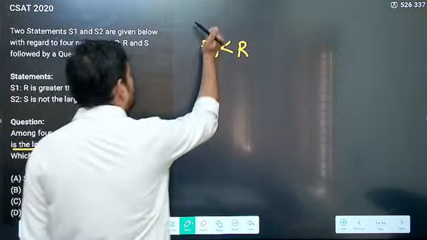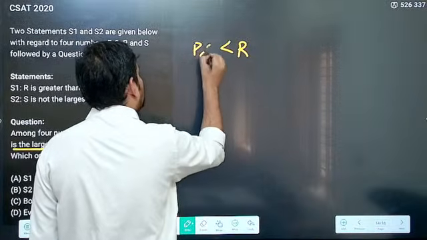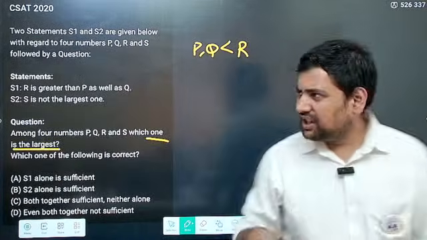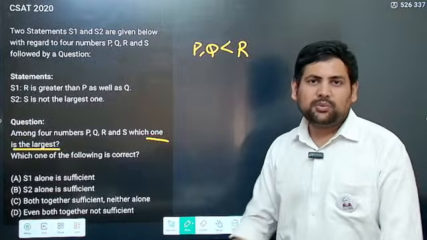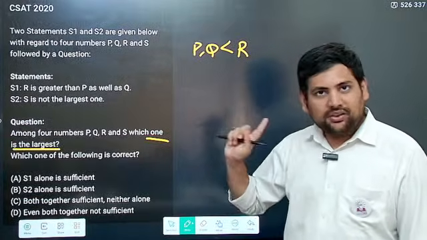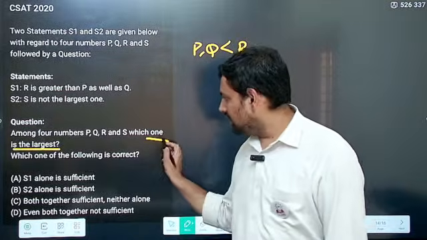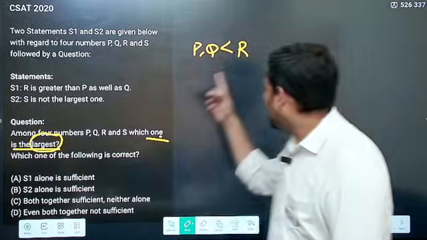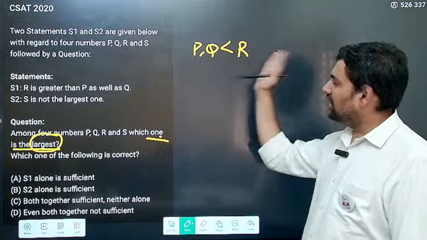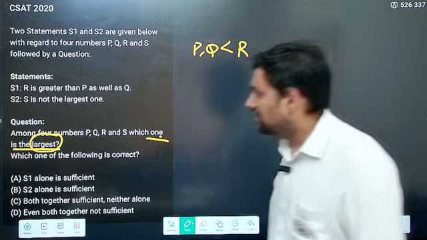So R is greater than P and Q. Actually the relation between P and Q is not very important to me. Why? Because, very different from the last question, it is asking you which one is the largest. So for the largest, P and Q do not matter because they are less than R. So they are anyway gone.